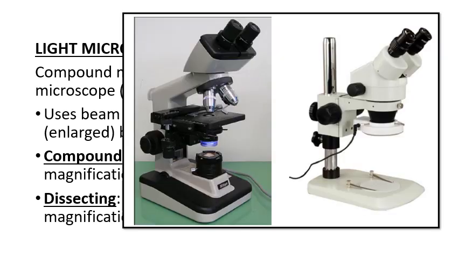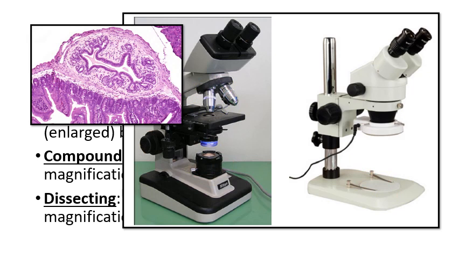Okay, so here on the left we have a compound microscope. You put the slide in between the light source and the objective lenses. So the background of the image appears bright because you're actually looking into a light bulb, versus a dissecting microscope on the right, where you simply lay something down on the stage and dissect it, cut it open, and you look at the surfaces that you're exposing as you're cutting it.